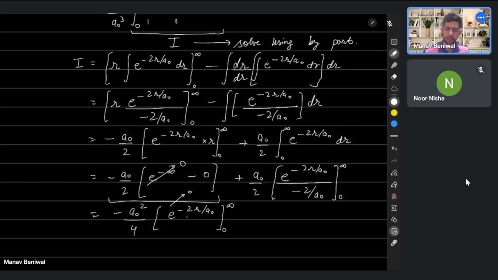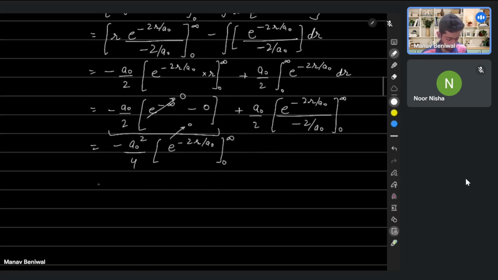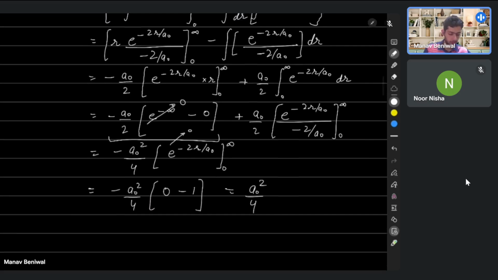Now again, when we put infinity in place of r, we know that e to the minus infinity is 0, so this becomes minus a naught squared by 4 times 0, and when we put 0 here, e to the power 0 is 1, so we get minus 1. So this simply becomes a naught squared by 4. This is the value of I.